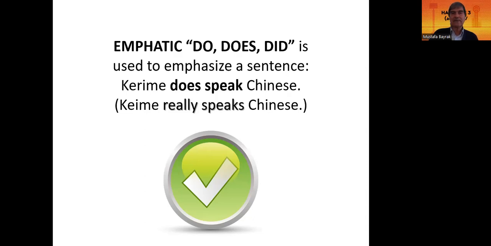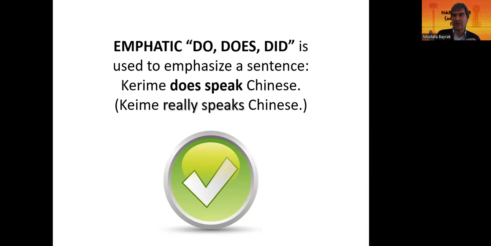Okay, let's read the explanation first. Emphatic do, does, did is used to emphasize a sentence. How? Like this. Kerime does speak Chinese means Kerime really speaks Chinese. Please do not hesitate, do not think about Kerime negatively, that he does not speak Chinese, okay?